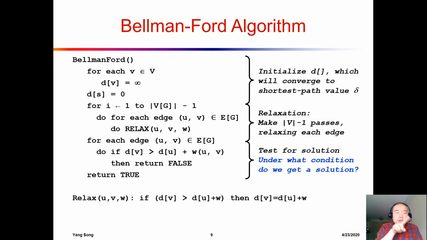In the further test, if we can still lower the cost, this means there has to be a negative cycle. And then we are going to return false, saying that finding the shortest path in this graph is not doable because there is a negative cycle. Otherwise, we are going to return true. And then for this relax, that is the relax function call.